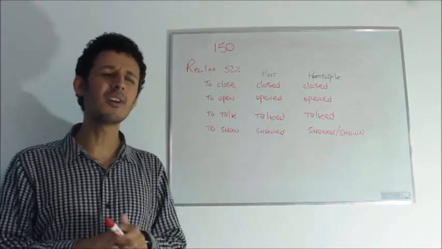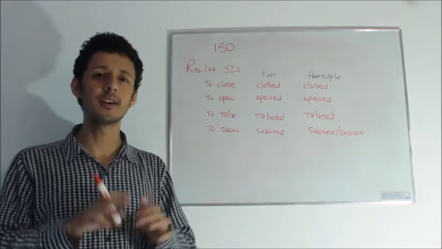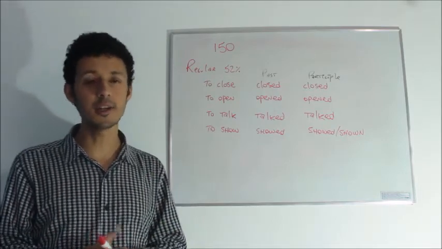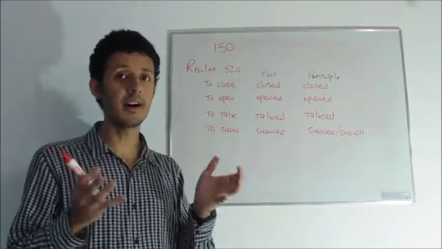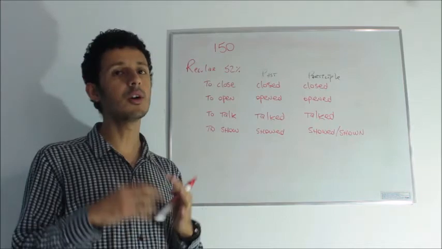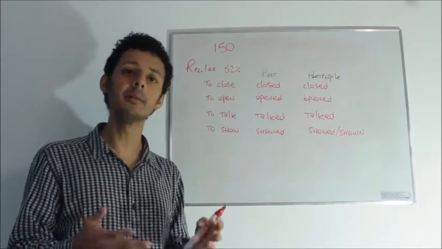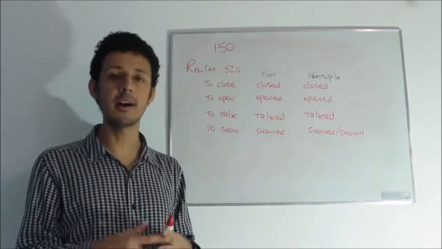So, if you think, oh, participle is very difficult. No, it's not so difficult. Just remember, 50% of the verbs are already regular. So you will not have a problem with participles when they are regular.